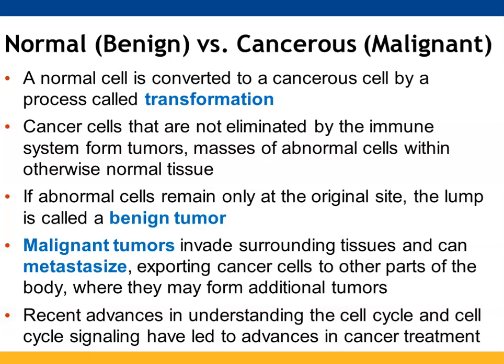And if they happen to only be at the site that they first started to become abnormal, you typically have what's called a benign tumor. Malignant tumors are ones whose cells are duplicating abnormally and have taken over adjacent tissues or have been able to metastasize, move to other parts of the body and form additional tumors.